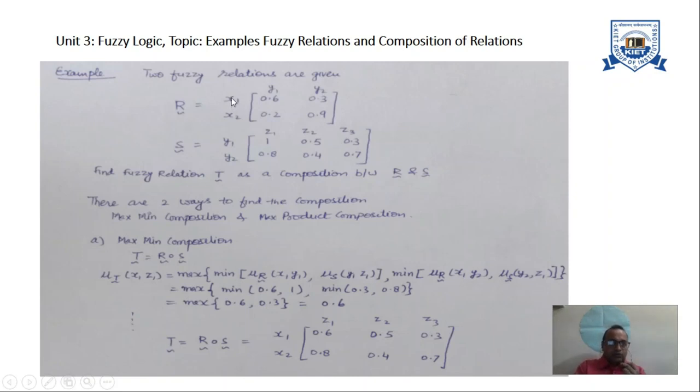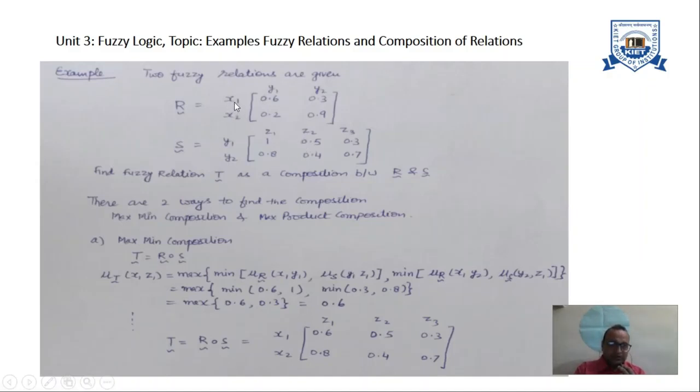Source is given to us, destination is given to us. So there will be ordered pairs x1 z1, x1 z2, x1 z3. Similarly, there will be other ordered pairs x2 z1, x2 z2, x2 z3 also. These relationships have to be established now.